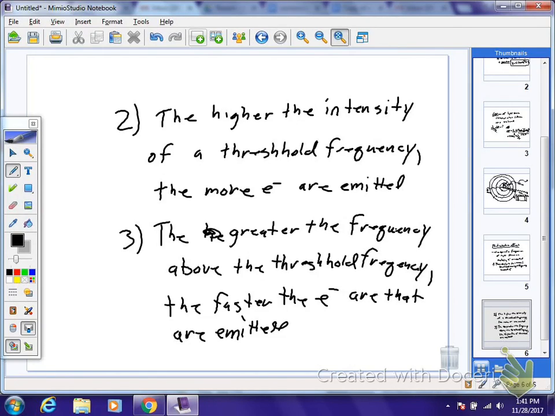Two, if you have a brighter intensity at that same threshold frequency, then you get more electrons off. And then if it's higher frequencies yet, kind of like putting multiple dollars in a vending machine, you get more out. You're going to get faster electrons sent off. So that's what I'm going to end with.